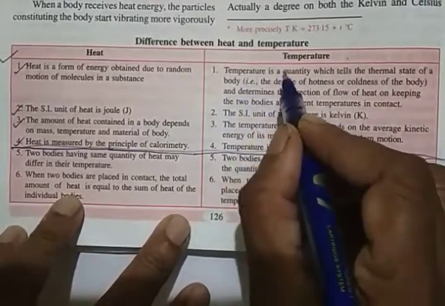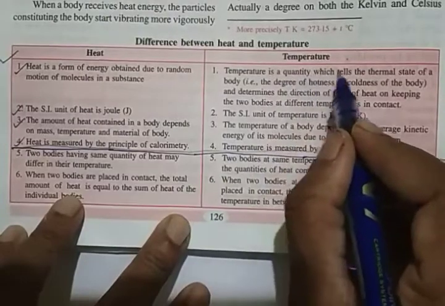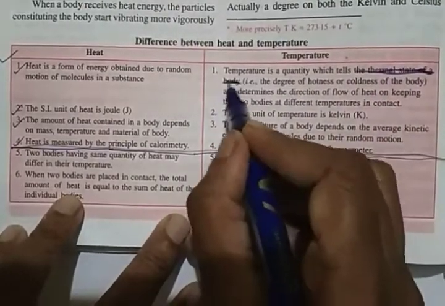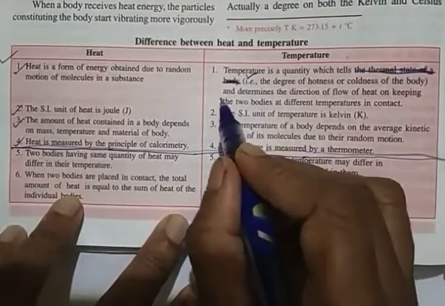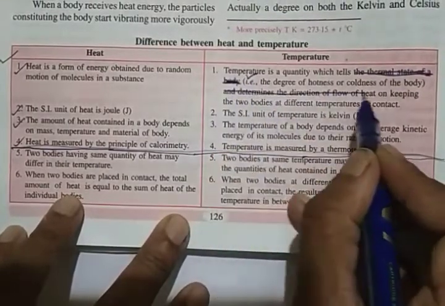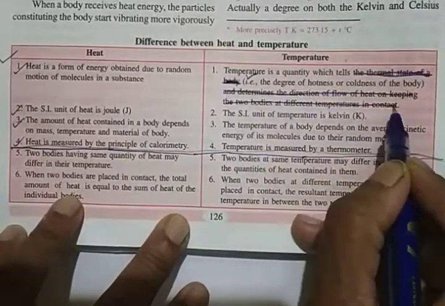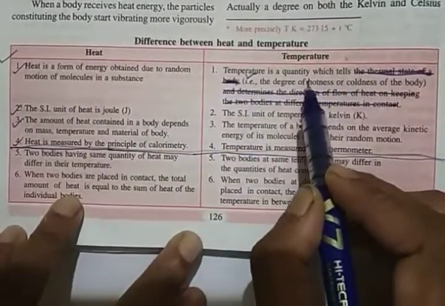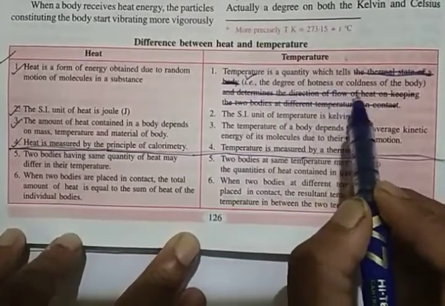You can leave out thermal state, you can just write degree of hotness or coldness, and you can even leave out determines the direction and all that. So this is a form of energy, whereas this is a quantity which tells us the degree of hotness or coldness.